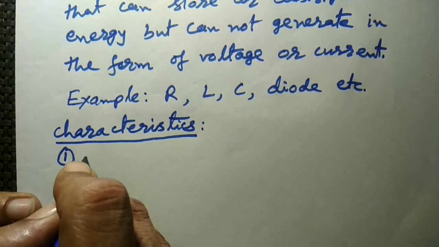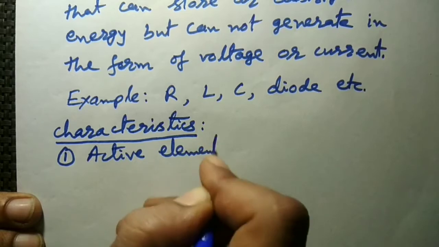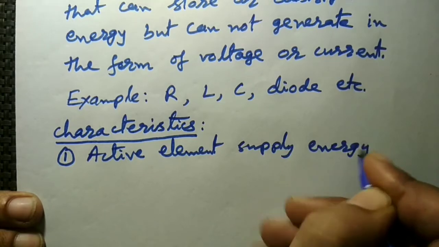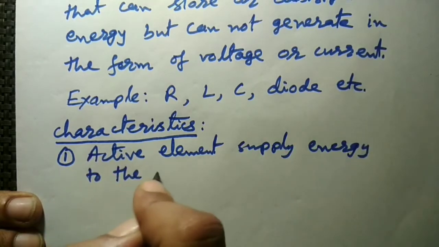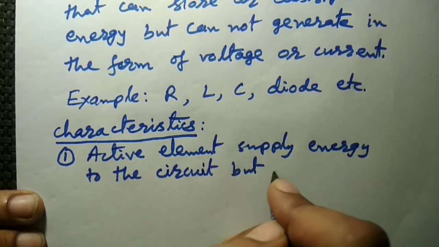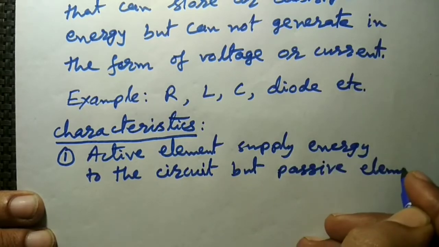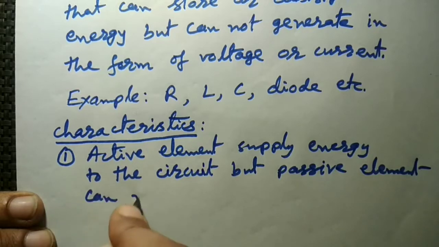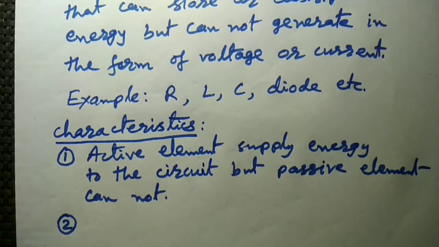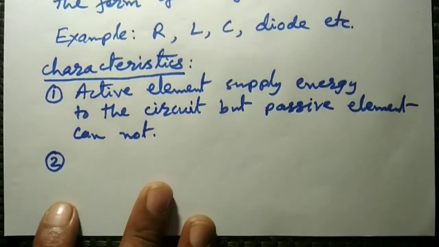So an active element can supply energy to the circuit, but a passive element cannot. It is also discussed in the definition of the active and passive element. This is the basic difference between the active and passive elements.